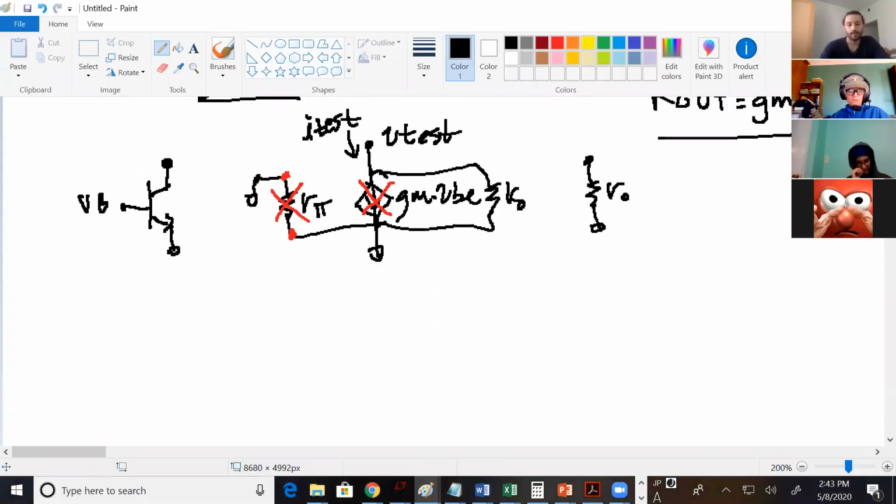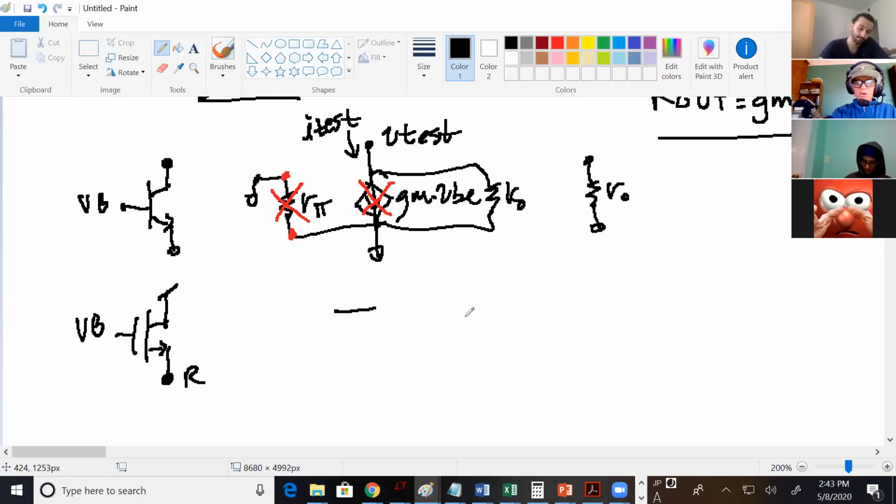Okay, we're trying to figure out the resistance at the source. So we're trying to figure out the resistance here. And so we have a DC voltage here and a DC voltage here. And always for small signal analysis, draw out the small signal model.